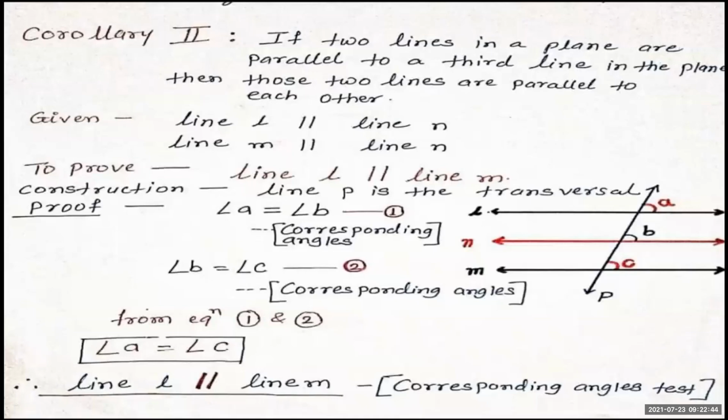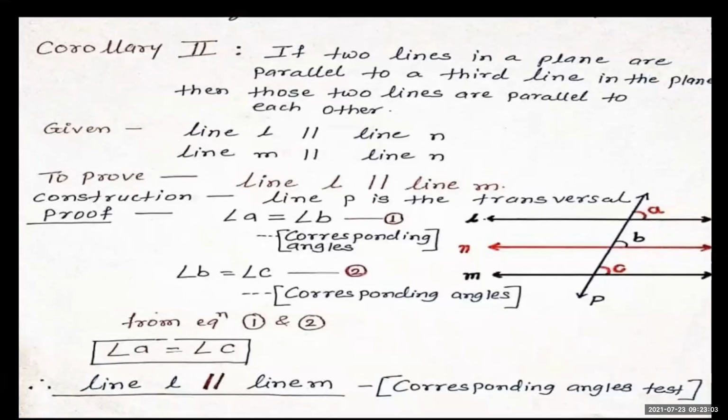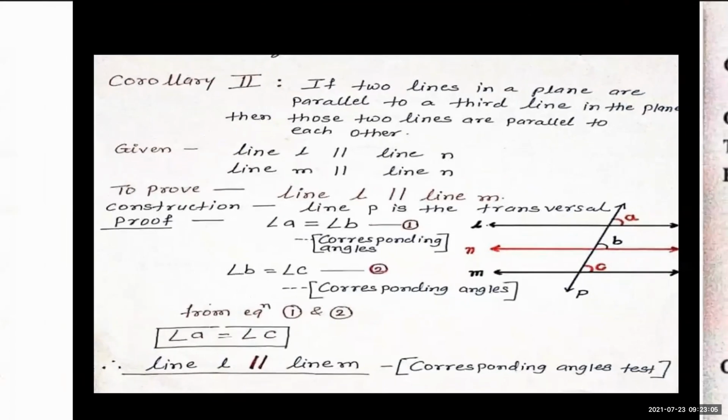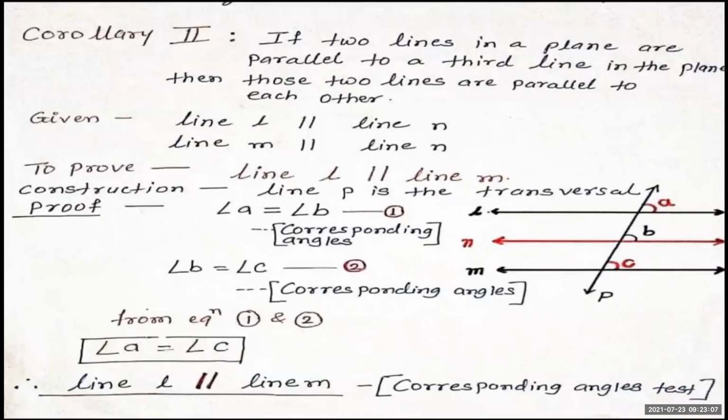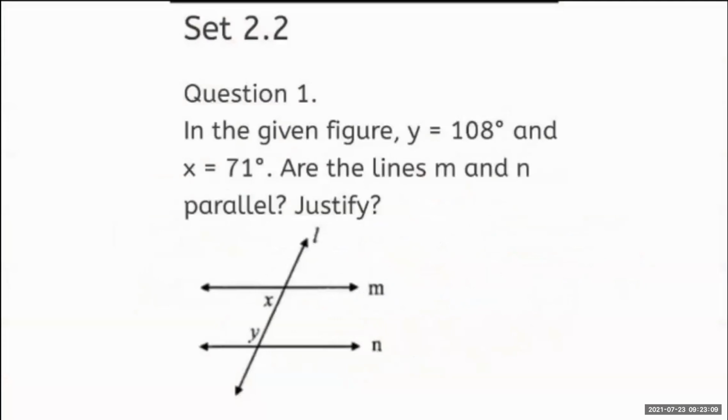Now, based on all those theorems that we learned in this class and in the previous class, using those theorems and the different properties, you have to solve practice set 2.2. Okay, so here is the first example of practice set 2.2.